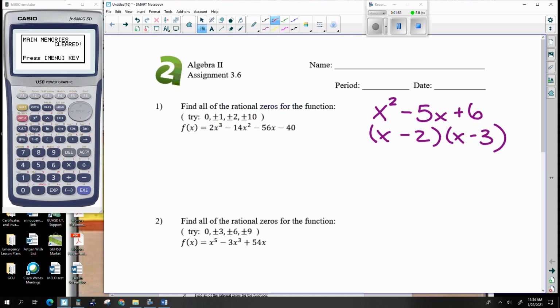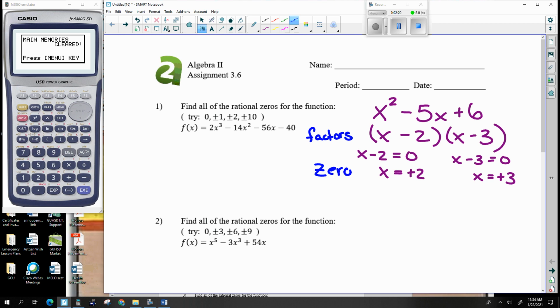These things are called factors: things that multiply to be back to the original problem. Now, if I take these pieces, for instance x minus 2, and set it equal to 0, that means x is equal to +2, or x minus 3 is equal to 0, and that comes out to be +3. These things are called zeros.